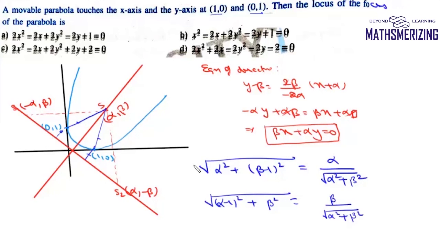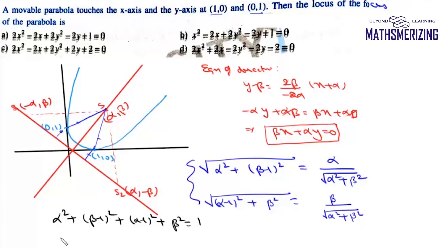Now what we'll do is square and add the two equations. We'll write this as alpha square plus (beta minus 1) square plus (alpha minus 1) square plus beta square, and on the right we'll get (alpha square plus beta square) upon (alpha square plus beta square), which is 1.